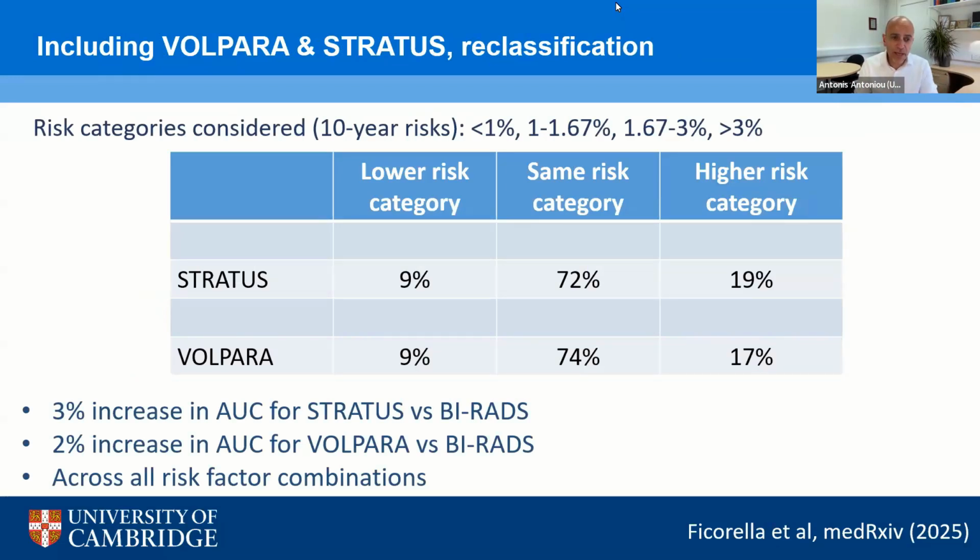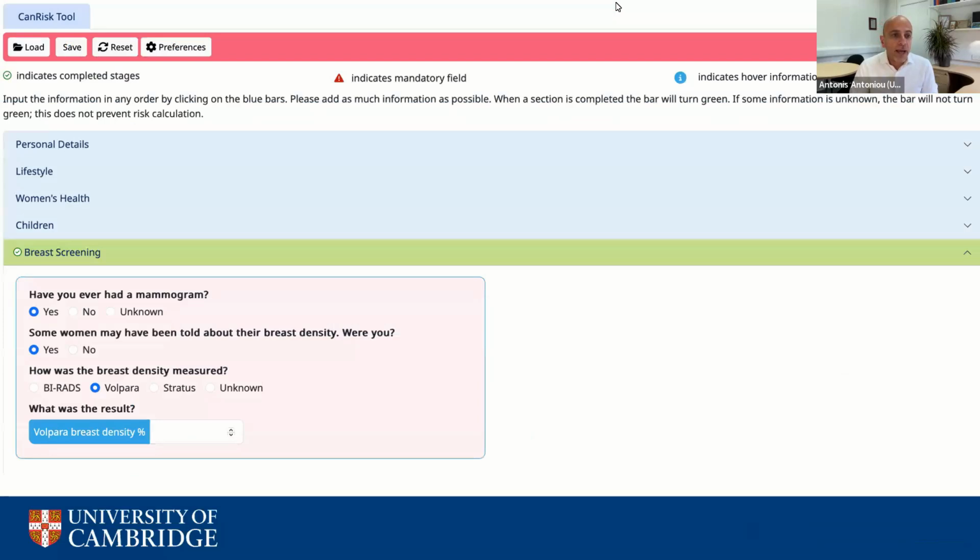But in general, the changes in the risks appear to be moving in the right direction, where we see, for example, an increase in the AUC, the discriminative ability of the model, being 2 to 3% higher using these continuous measures of density compared to using BI-RADS. And then this is also available now on the tool. You can select the approach that density was measured.